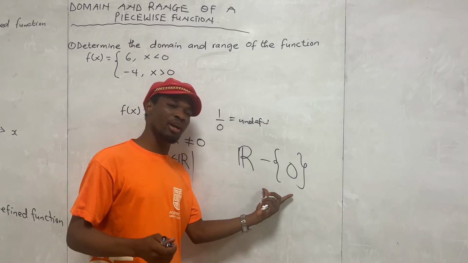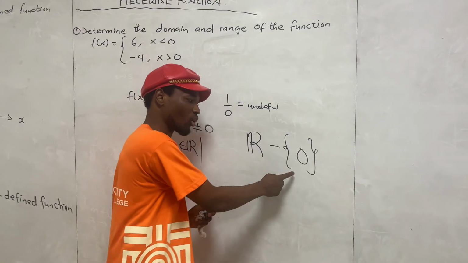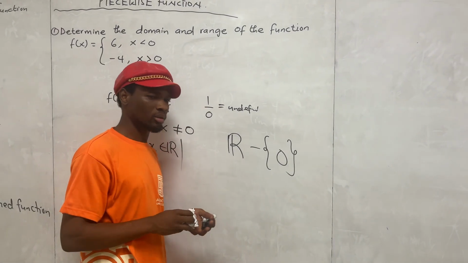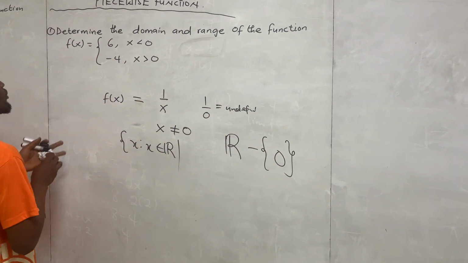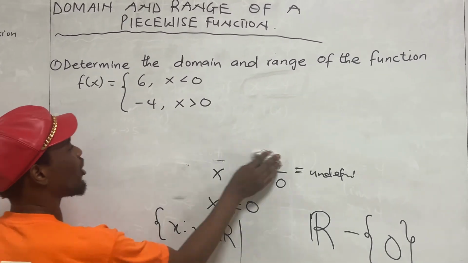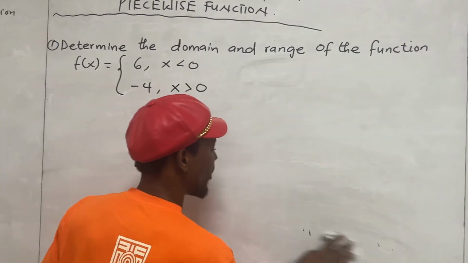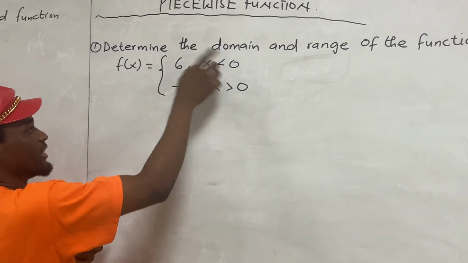So this is another way we can write the domain. In this tutorial, let me consider this. So we have determined the domain and range of the function f of x given by this.